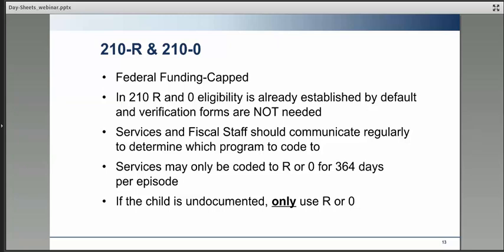If we have separated and closed out all services and then a new report comes in, then that clock is allowed to restart. Otherwise, you are unable to do so. And as I mentioned earlier, if the child is undocumented in 210, you can only use R or 0. You may not use any of the other program codes.